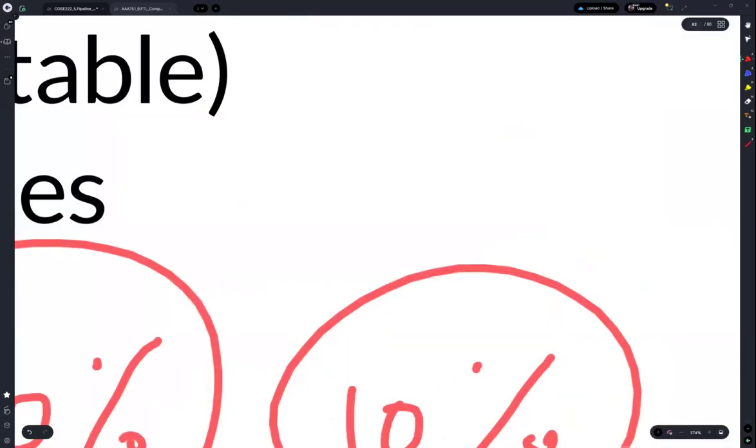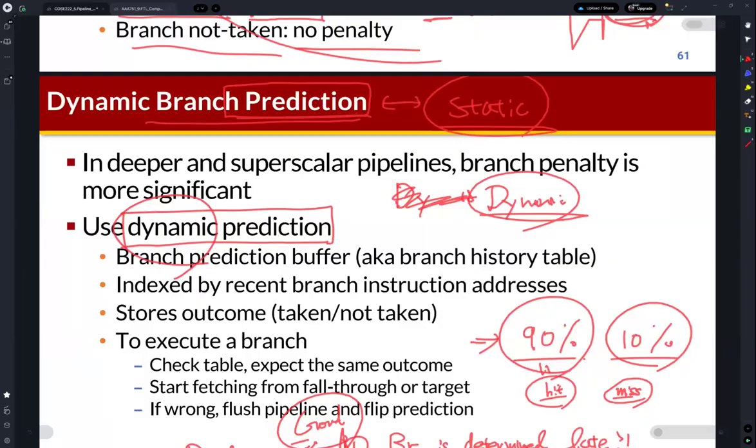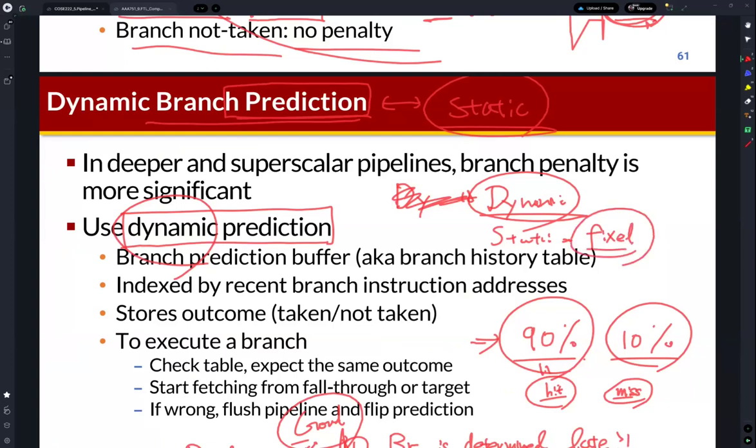Static means it's just fixed, right? It's already fixed. So we can apply the fixed prediction result in some prediction technology. We will learn about dynamic prediction.